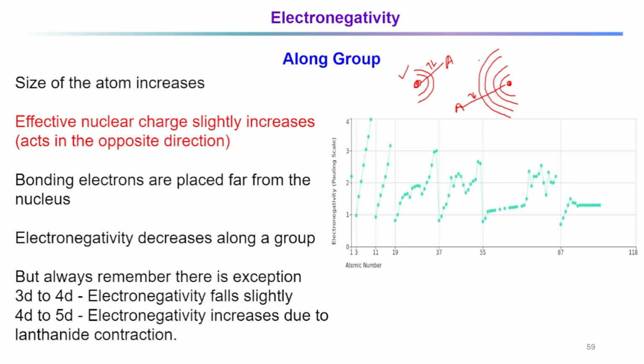In a group we are going from top to down, so the number of orbits is increasing. As a result, the size of the atom is also increasing, and these bonding electrons are placed far from the nucleus. So this is the nucleus, and these bonding electrons are placed far away. That's why the electronegativity decreases along a group.